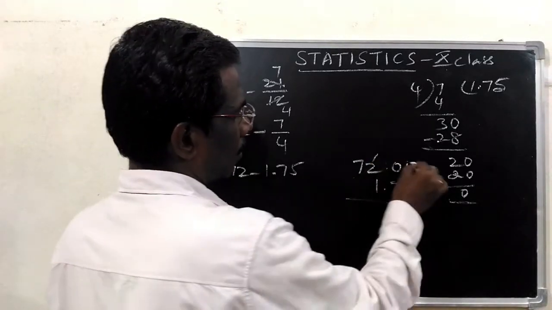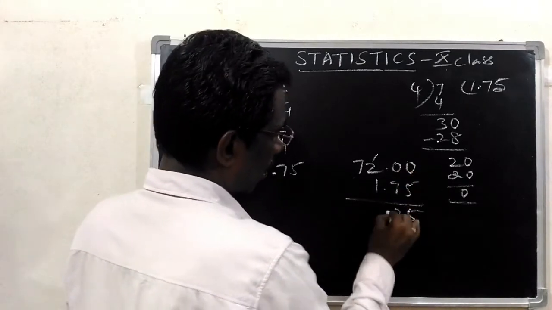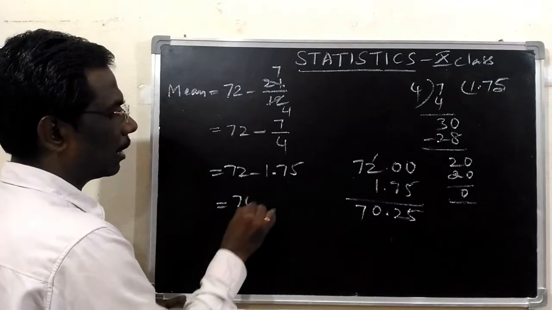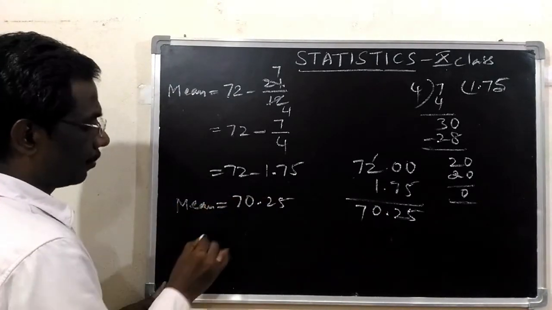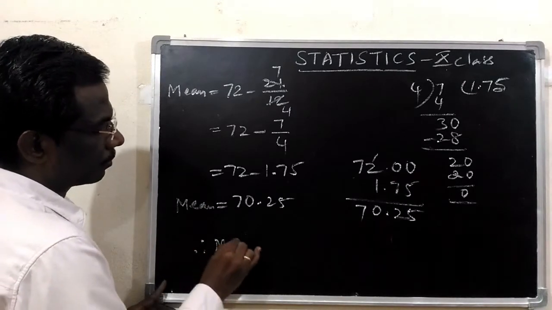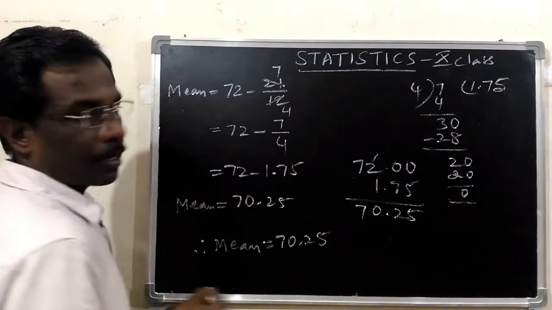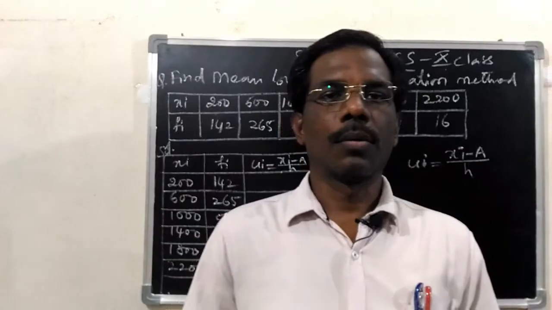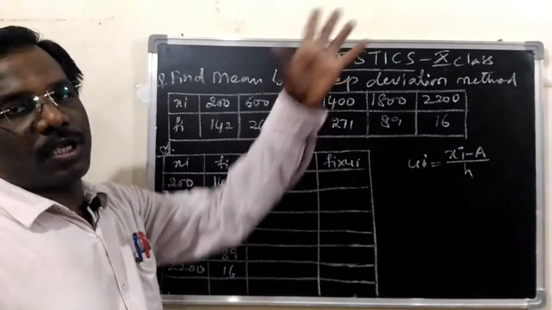So 5, and 9 minus 7 is 2, and this is 7. 70.25. Therefore, the mean is equal to 70.25. This is the answer.